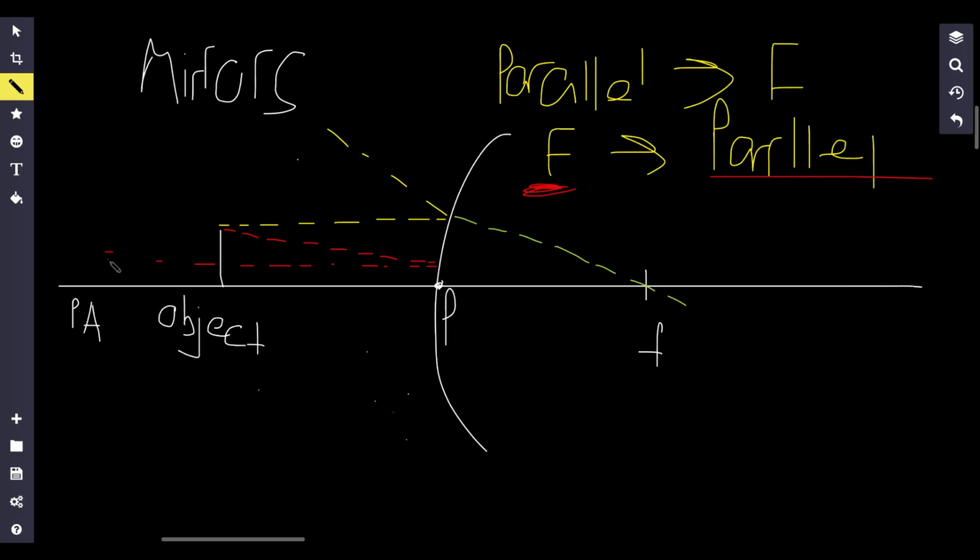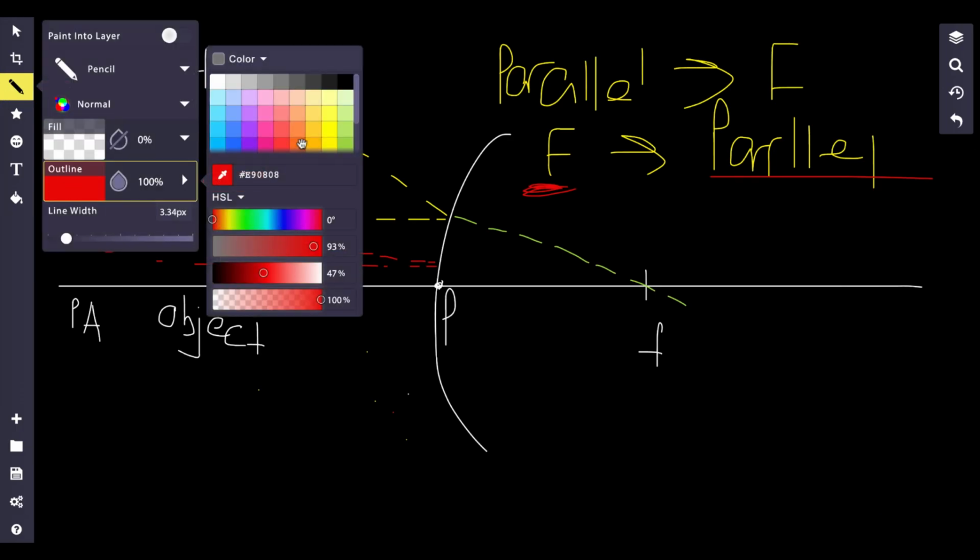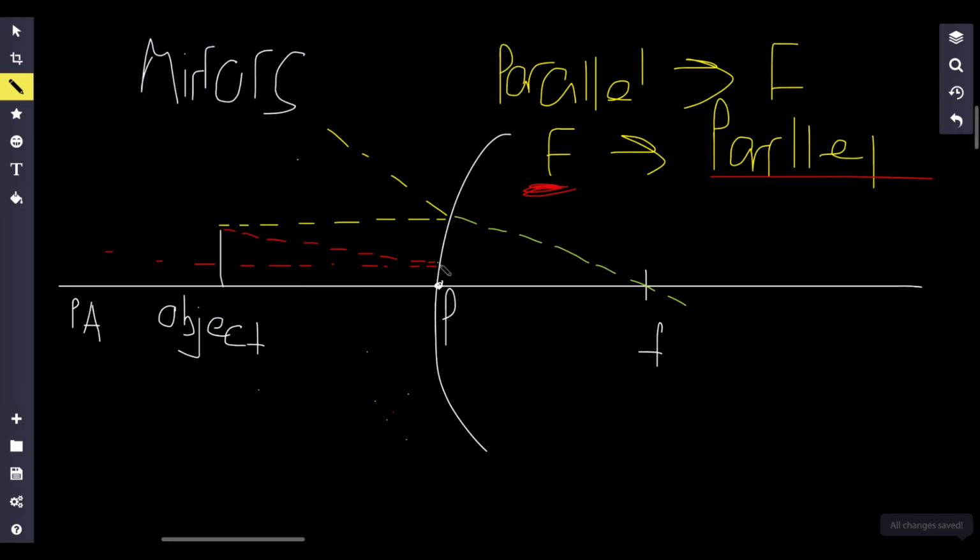However, if we were to imagine this virtually, in the virtual world, this piece of light right over here would meet the focal point like this, and then this parallel piece of light would also extend. And notice how there's this intersection point right over here. We're obviously looking at intersection points that are not the focal points. So right over here, this is going to be my new virtual object.